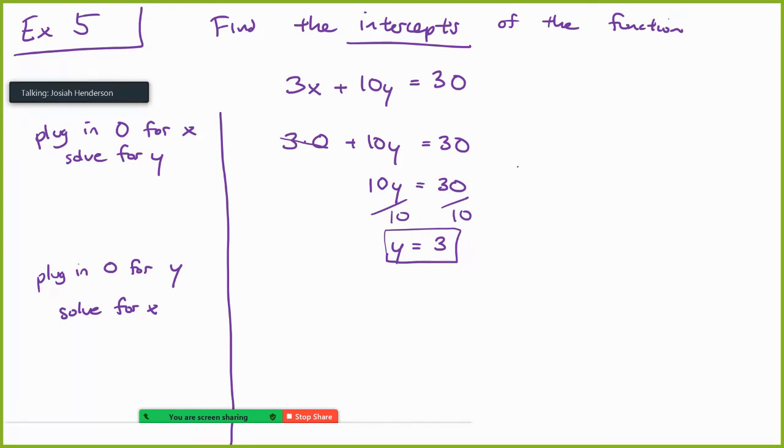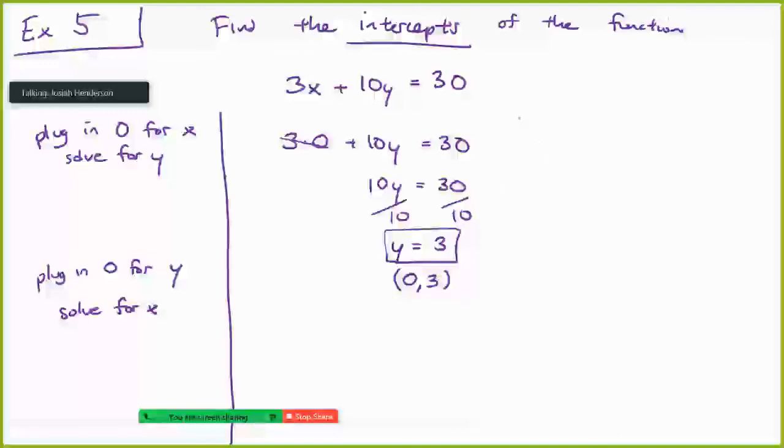Or, remember, what did we plug in for x? We plugged in 0. So we know that 0 is x and 3 is y. So there it is in two different forms. Stated, y is 3, or as a point, it's 0, 3. We plugged in 0 for x, we got out 3 for y.